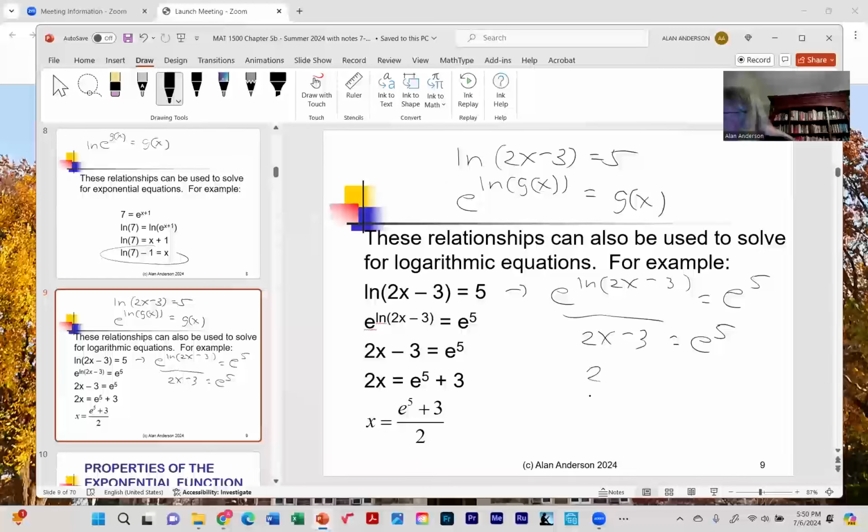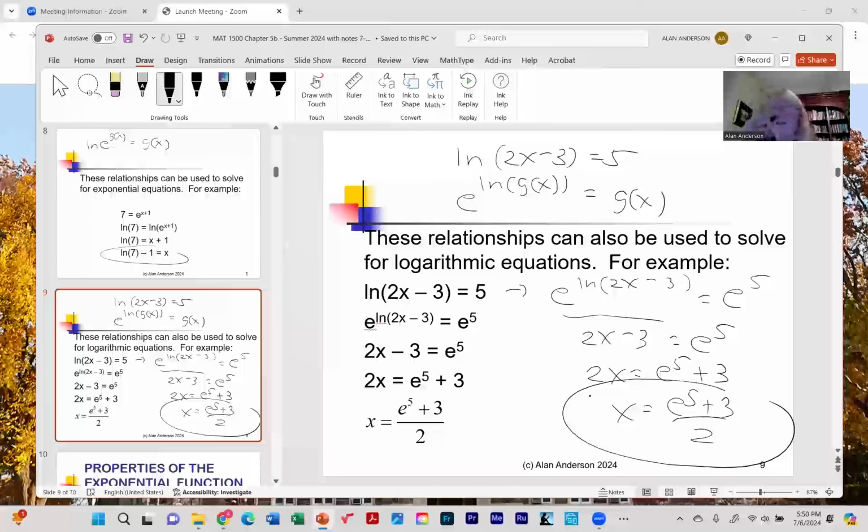Well, now we're all set. e to the 5 is simply a constant. And we're done. Oh, look how much easier that was. So, of course, we're taking this exponential function and applying it to both sides. We're allowed to do that without changing the results, and we're done.